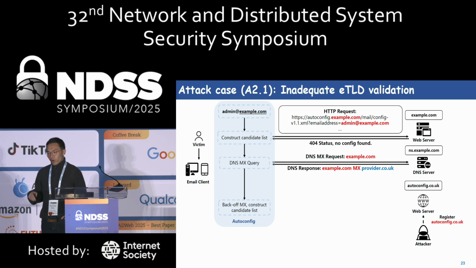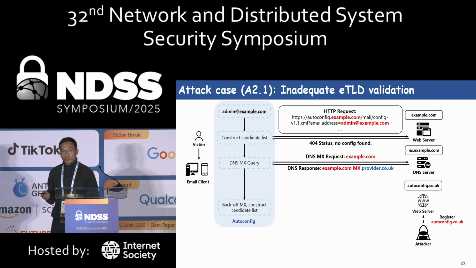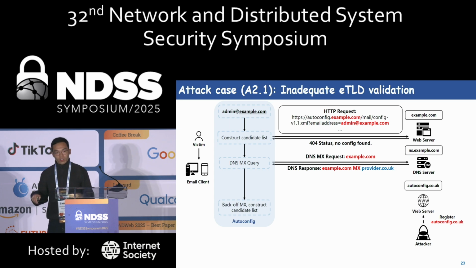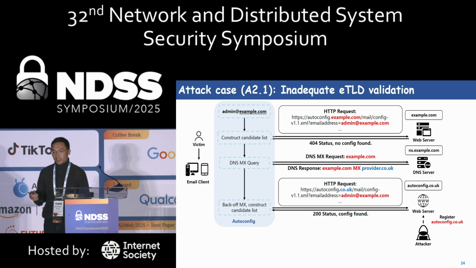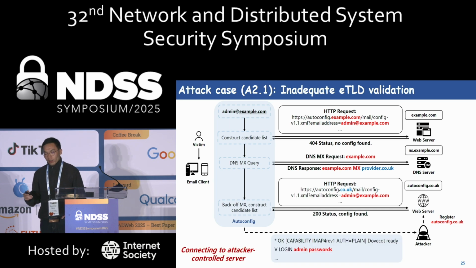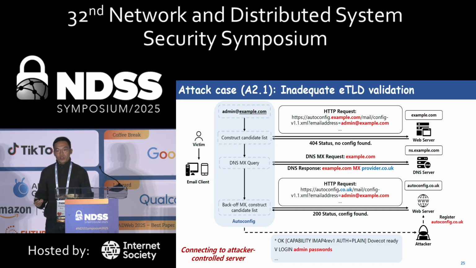At this time, if the attacker has registered the Autoconfig domain and can control the configuration file, the fully implemented client will proceed to construct a URL request based on the MX hostname and then connect to the attacker-controlled web server. So now the attacker can specify arbitrary configurations in the configuration file and make the client establish connections to the server.